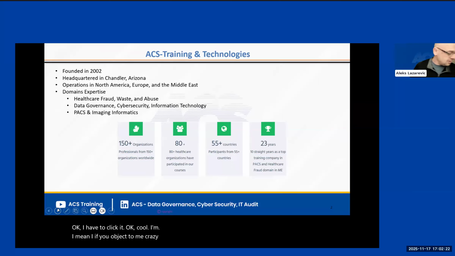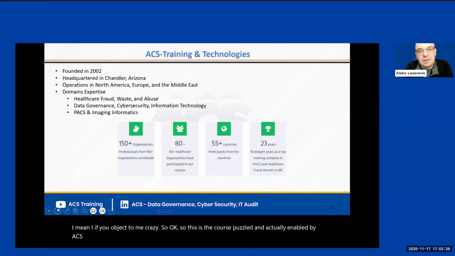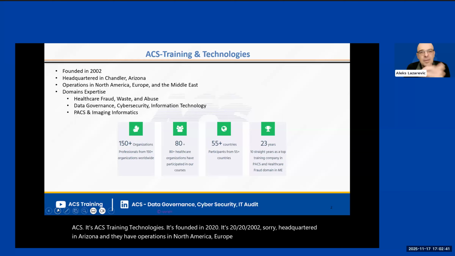So okay, this is the course sponsored and enabled by ACS. It's ACS Training Technologies. It was founded in 2002, sorry, headquartered in Arizona, and they have operations in North America, Europe, and the Middle East.